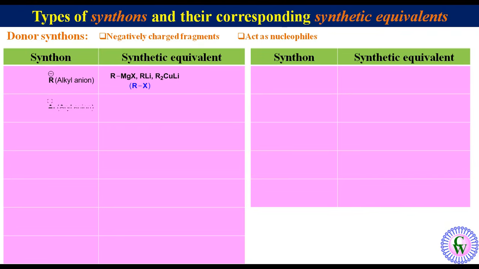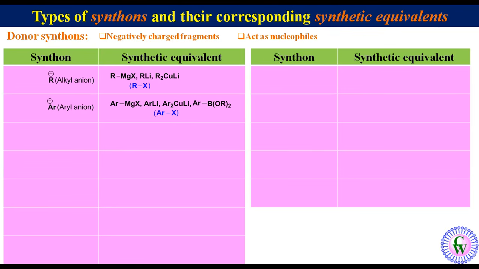For the aryl anions, Grignard reagents, aryl lithiums, Gilman reagents, and aryl boronates. All these four can be obtained from aryl halides.